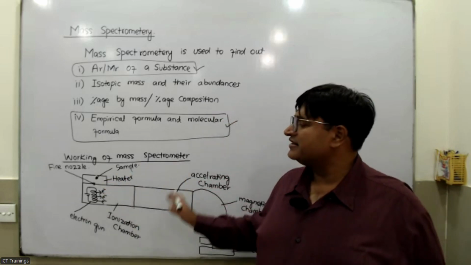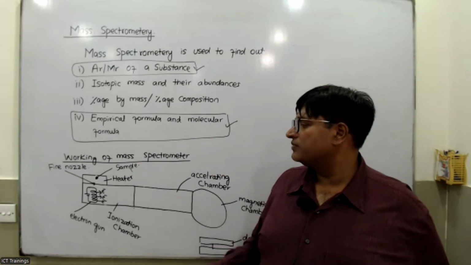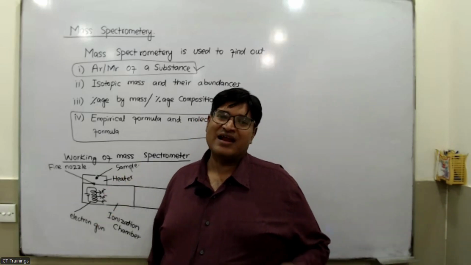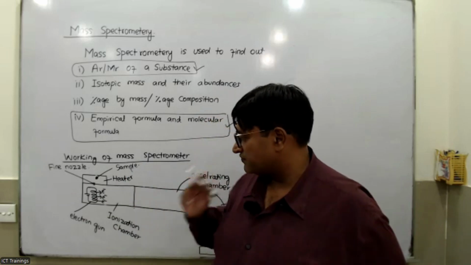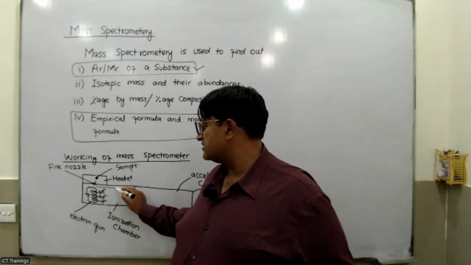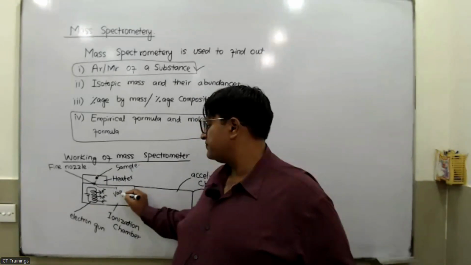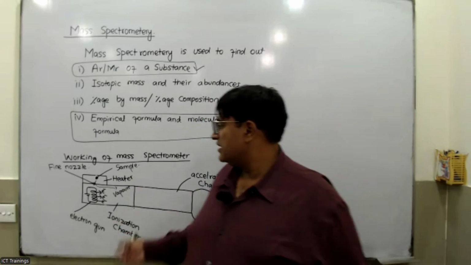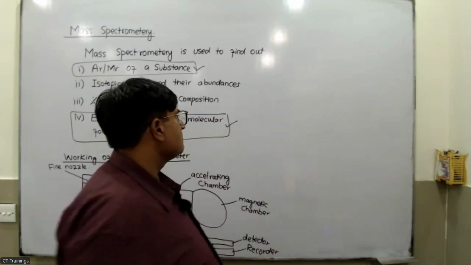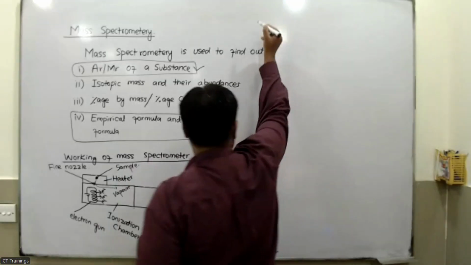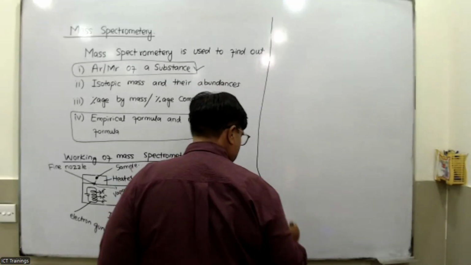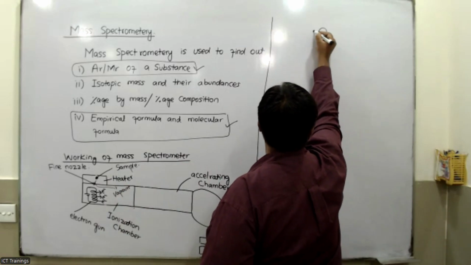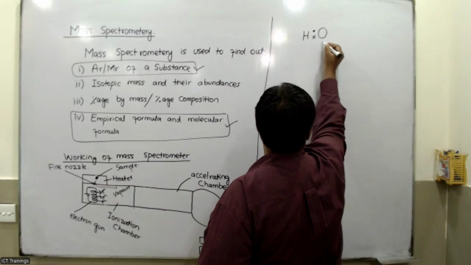The heater is going to heat it so much that if the thing is a solid, it would change into liquid, and liquid would change into gas, vapors. Those vapors are sent into the ionization chamber. Let's suppose these vapors are of the water molecule. So I'm going to draw the structure of the water molecule up there.